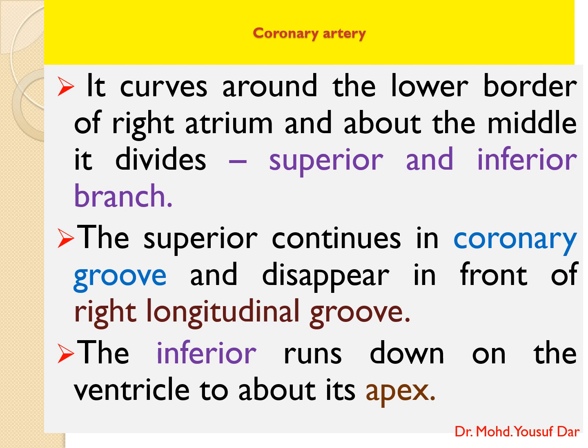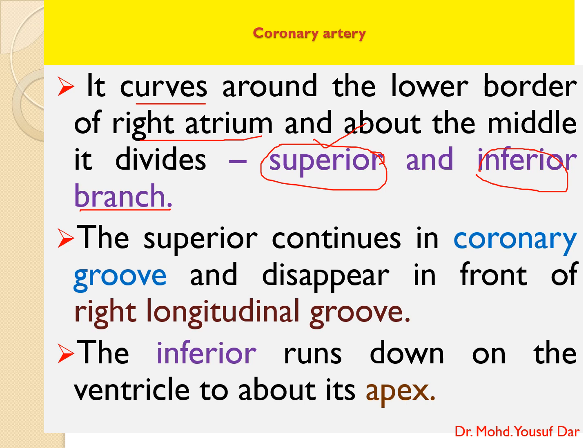Then this coronary artery curves around the lower border of the right atrium, and about its middle it divides into superior and inferior branches. So here we are discussing the right coronary artery, which gives superior and inferior branches.